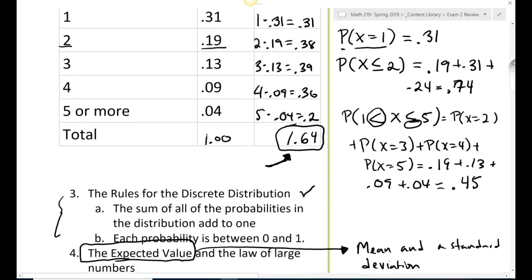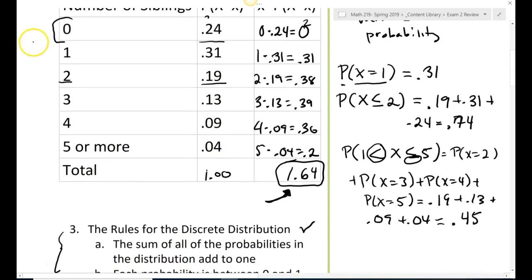Each one of the distributions will have a value for the random variable, like 0, 1, 2, and a probability. To find the expected value, you'll multiply the value for the random variable times the probability for every value in the distribution, and then add them all together.